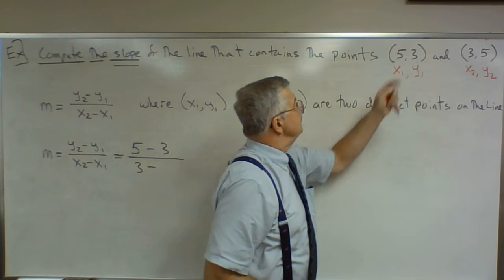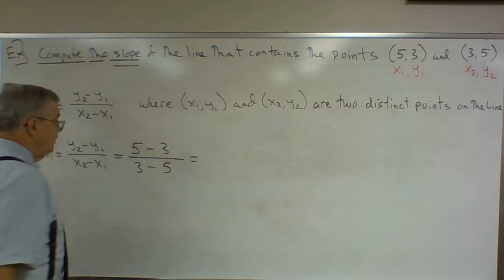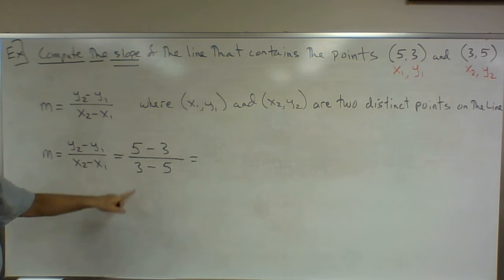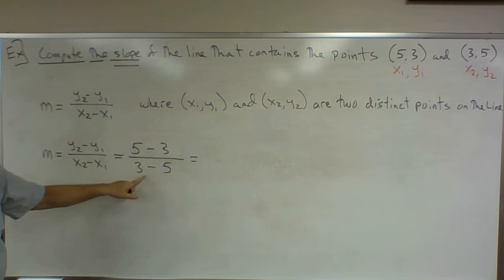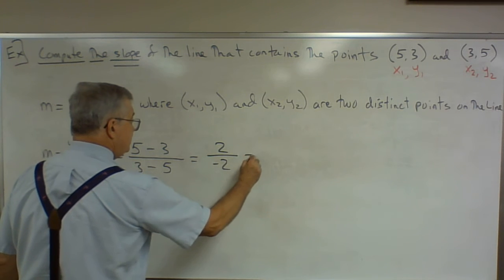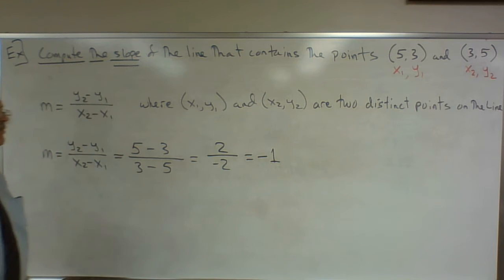And x1 is 5. There we have it. y2 minus y1 over x2 minus x1. And that's going to give us 2 over negative 2, which simplifies out to be negative 1.